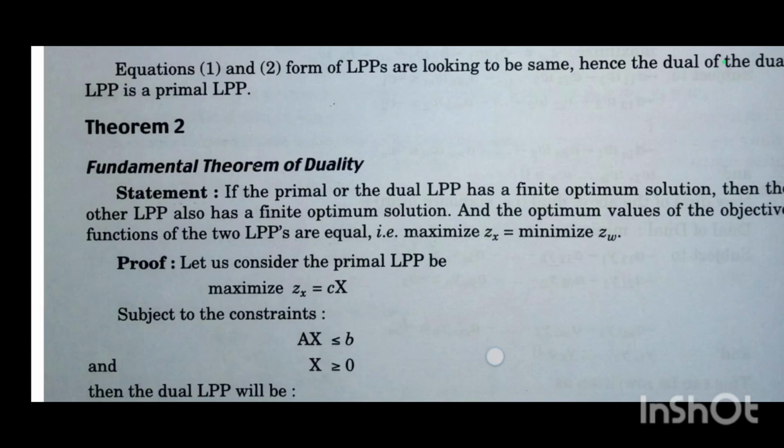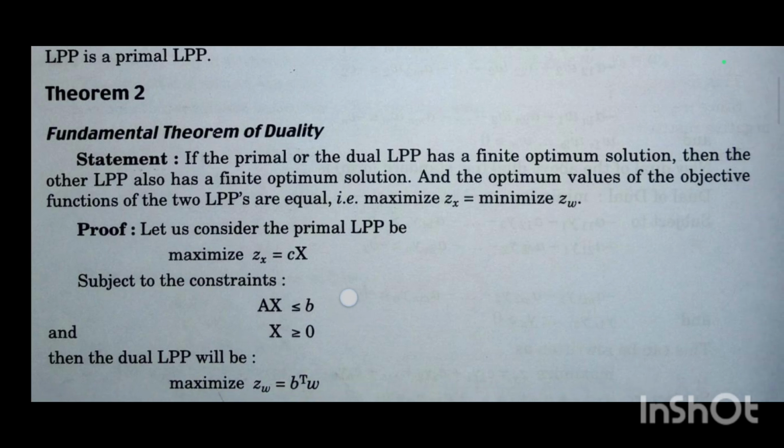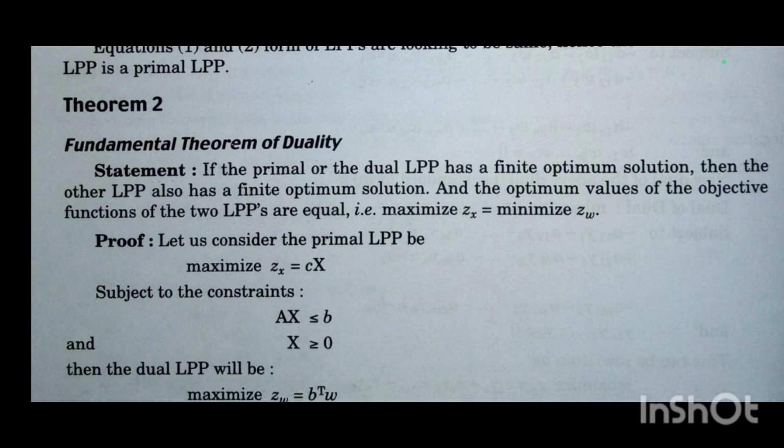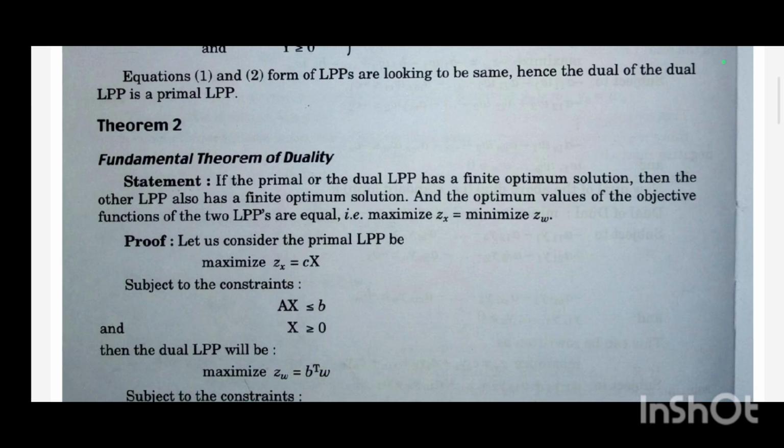Next, the fundamental theorem of duality. If the primal or the dual LPP has a finite optimum solution, then the other LPP also has a finite optimum solution, and the optimum values of the objective functions of the two LPPs are equal.